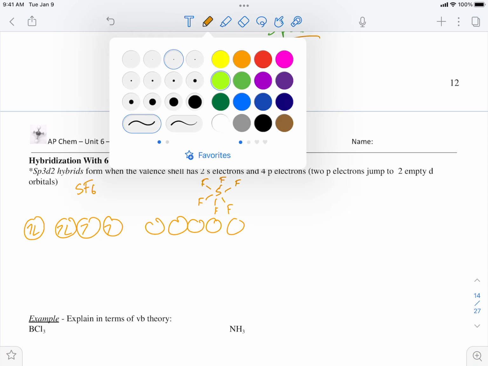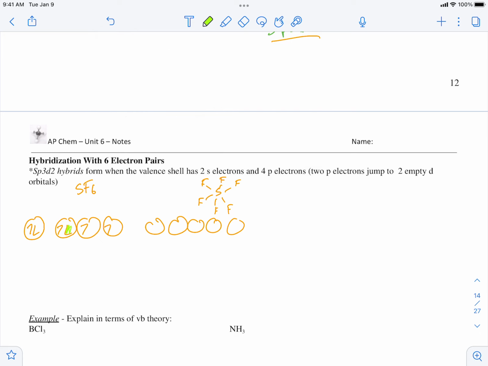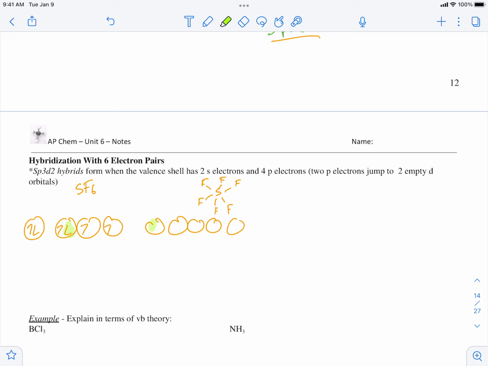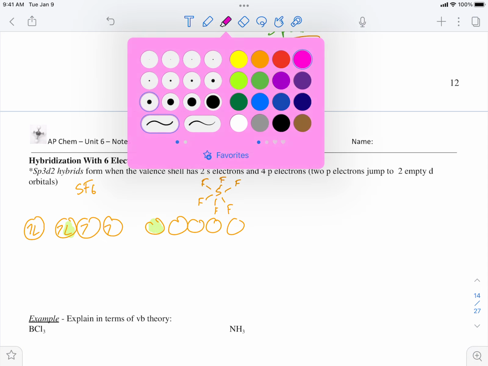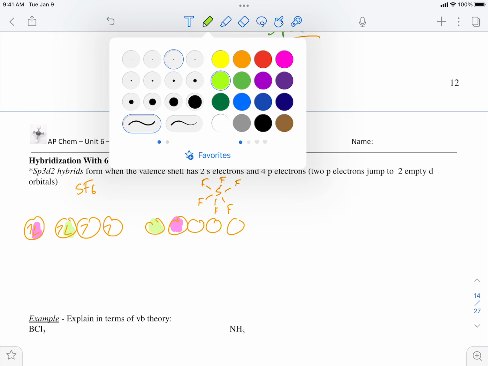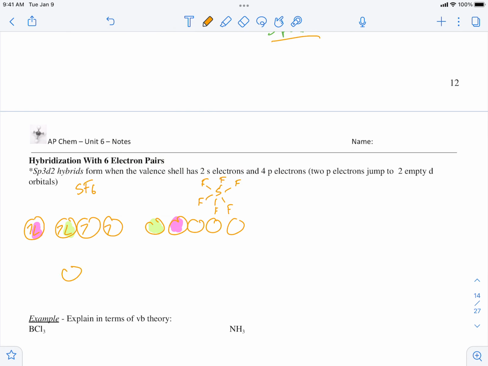It's going to promote 2 electrons and give us an sp3d2 hybrid. I didn't mean to make that guy far apart. I'm going to bring him closer. There we go.